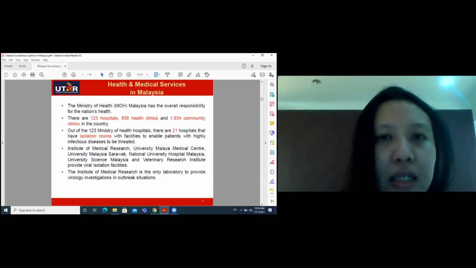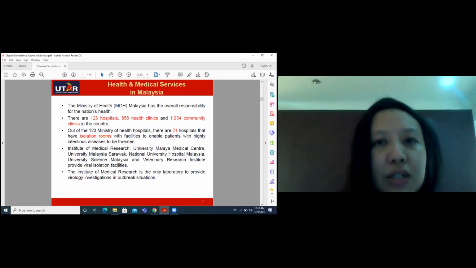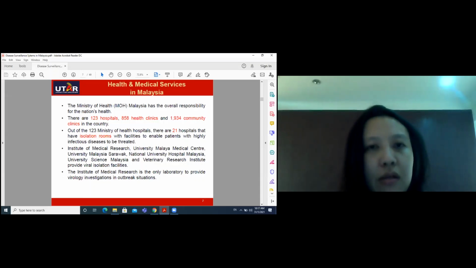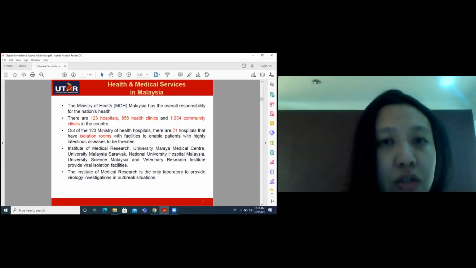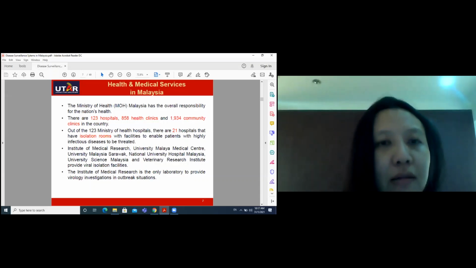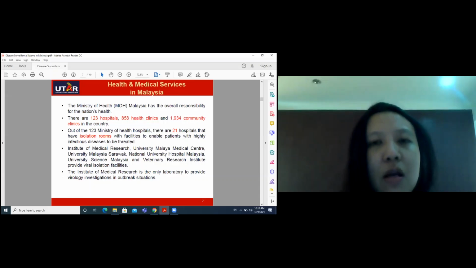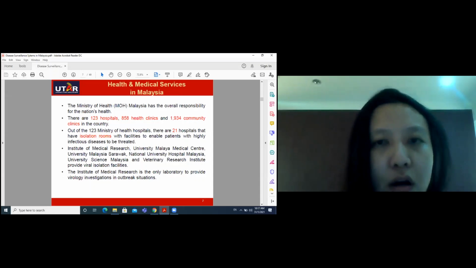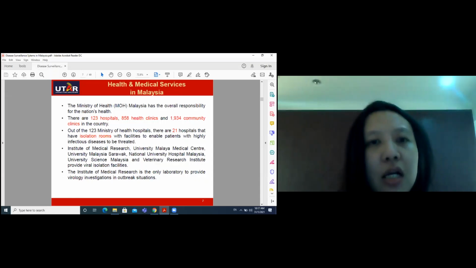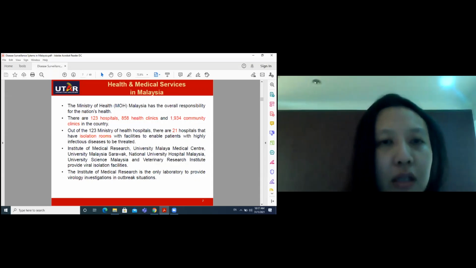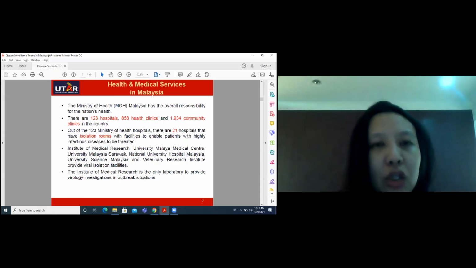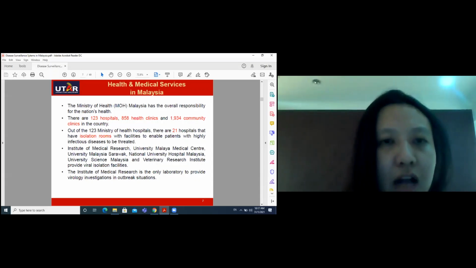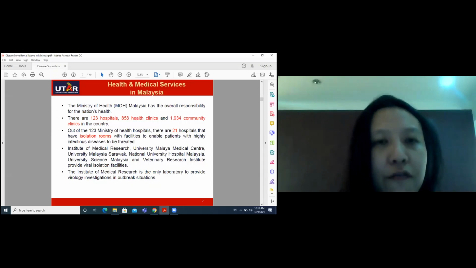Basically, health and medical services in Malaysia are the responsibility of our Ministry of Health Malaysia. Currently, there are 122 hospitals, 858 health clinics, and around 2,000 community clinics in the country. Community clinics mean that each community, or the individuals in that community, can access the nearest health facility within 5 kilometers.